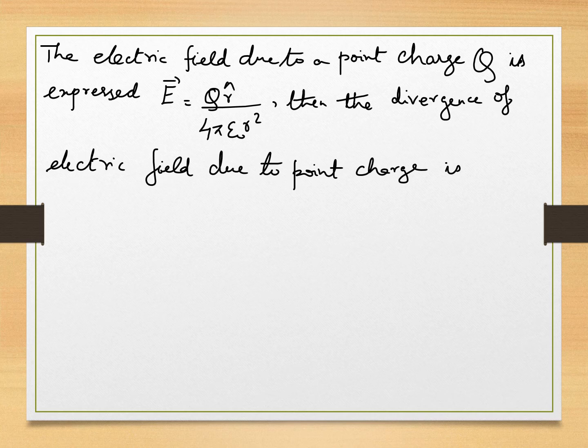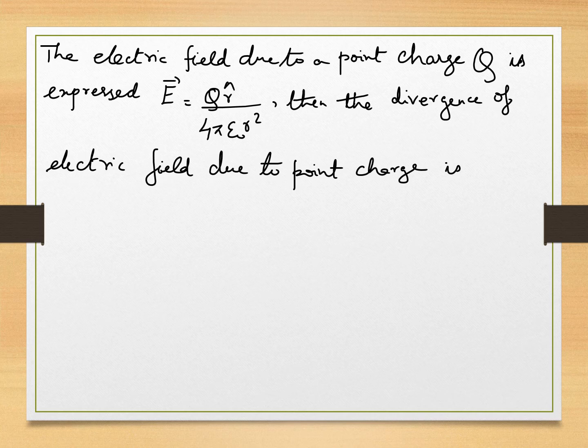Now we will move on to the fourth question. The electric field due to a point charge q is expressed as E vector is equal to q r cap by 4 pi epsilon naught r square. Then what is the divergence of the electric field due to a point charge?